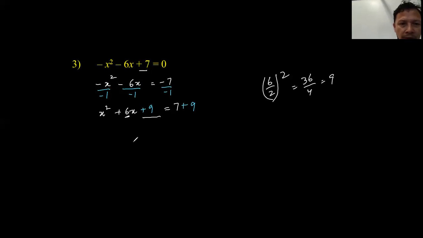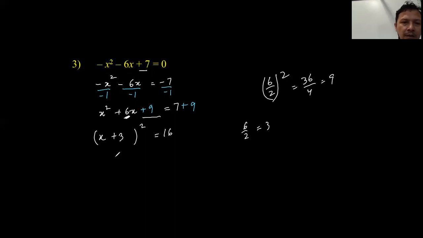So immediately you can get a perfect square on the left hand side, and on the right hand side 7 plus 9 is 16. So how do we get that? Again, take this coefficient of 6 and divide by 2, which is 3. So all we need to do is plus 3. So x plus 3 all squared equals 16.